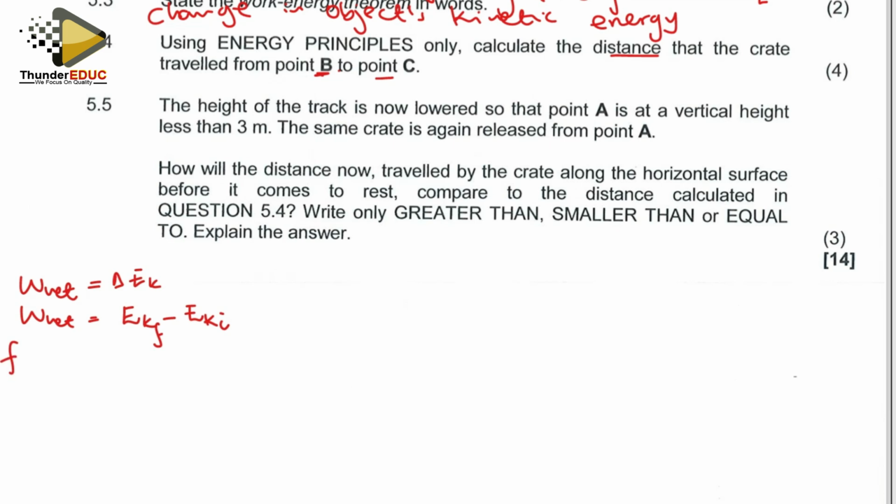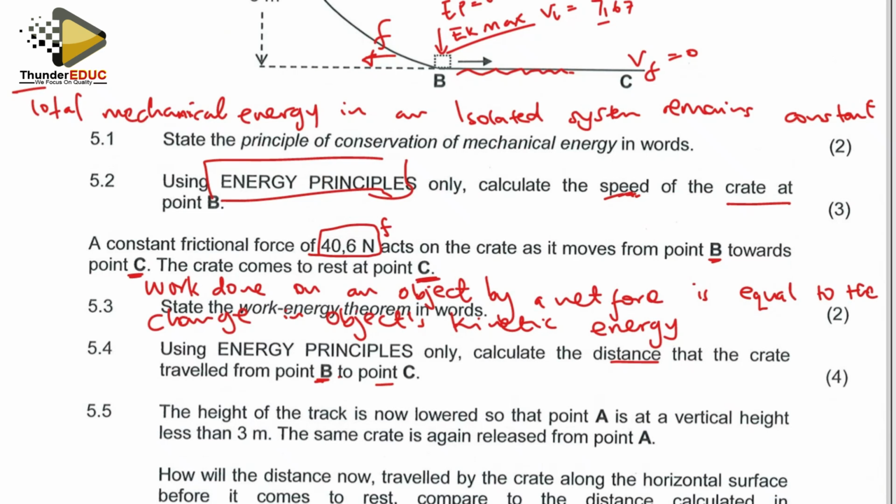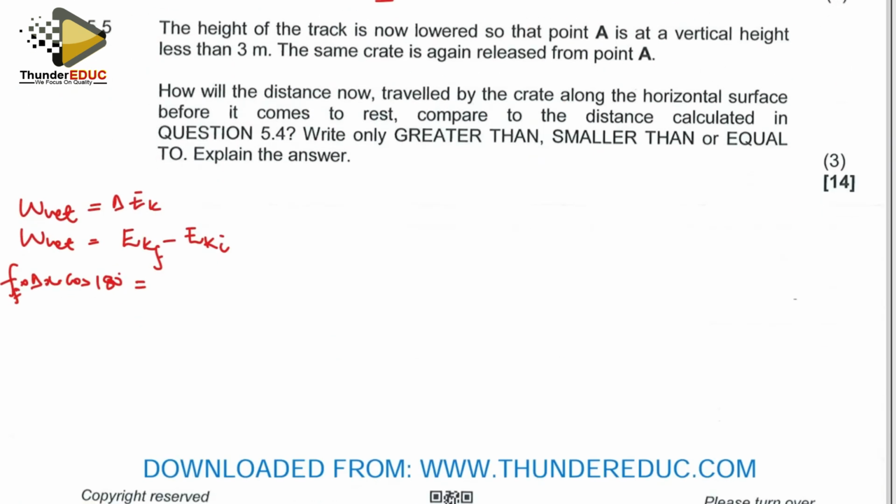So I'll say frictional force multiplied by the delta x, because that's what the question wants, and then multiplied by the cos of 180. This should give us the EK final, which is going to be a half mv final squared minus a half mvi squared.